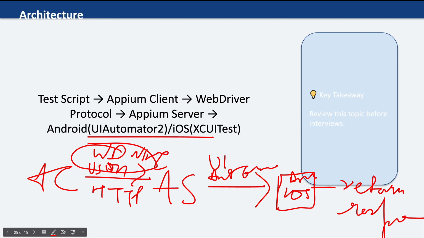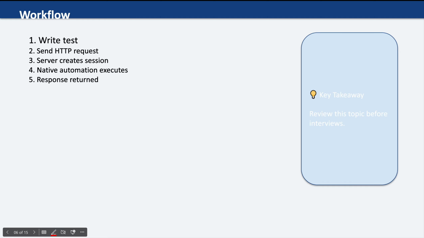So let's move forward to the other topic, that is workflow. I already said we need to first write a test, like if we need to write a manual test script, in that we need to write test steps, actual result, expected result. Then we choose the right test cases, and after deciding the test cases, we write the code for that according to your preferences of that particular language.